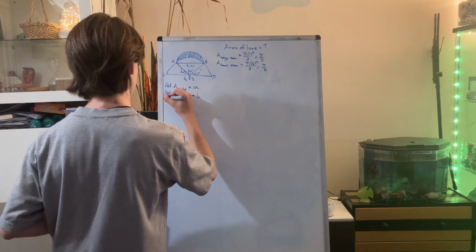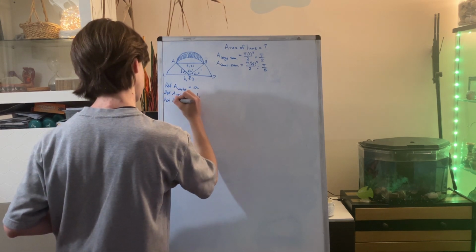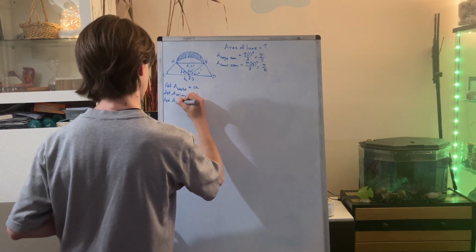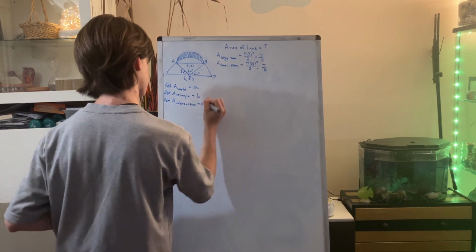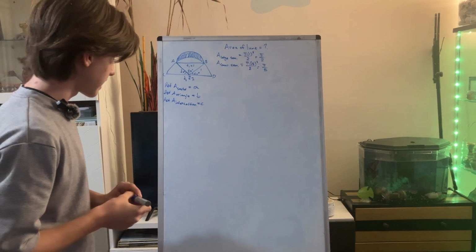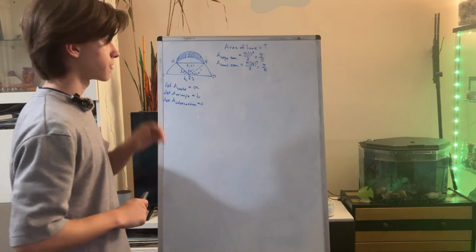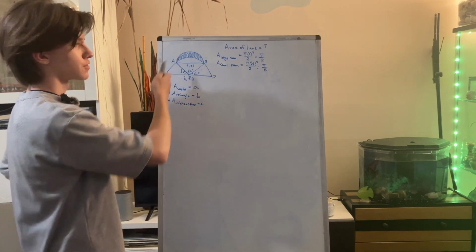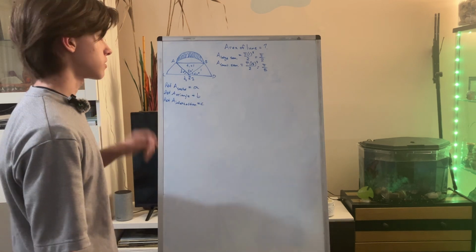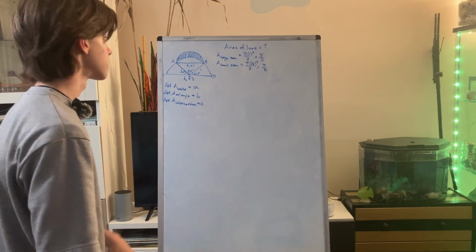Let's call it C. All right, and this is going very well. Once we find the areas of all of these shapes, we're going to be able to find the area of the lune by some subtraction, by some complementary counting.